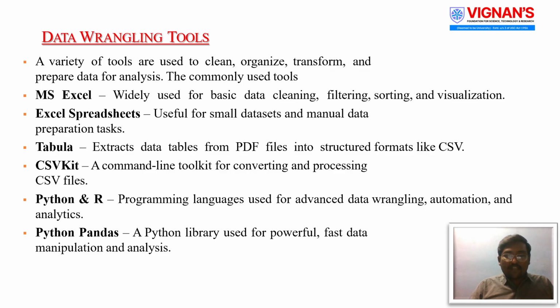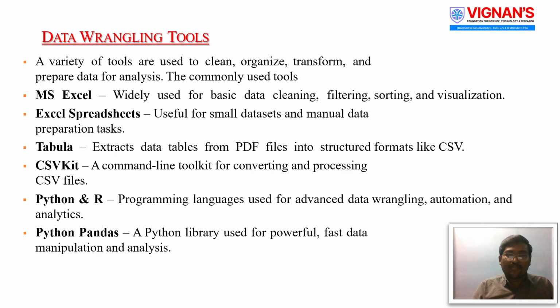CSVkit is a command line toolkit designed for converting, cleaning, and processing CSV files, making it efficient for handling structured text data. For more advanced and automated data wrangling tasks, Python and R programming languages are commonly used.